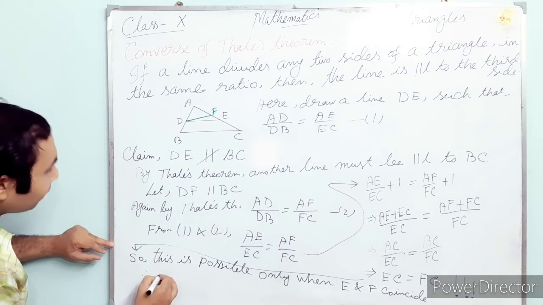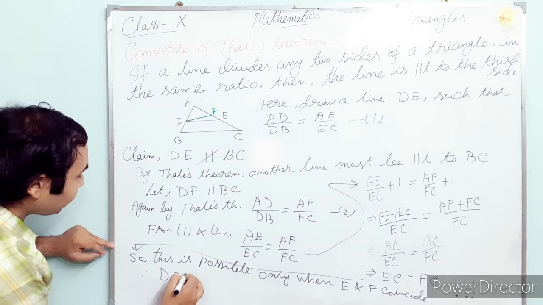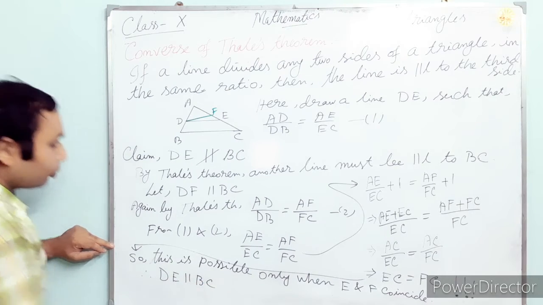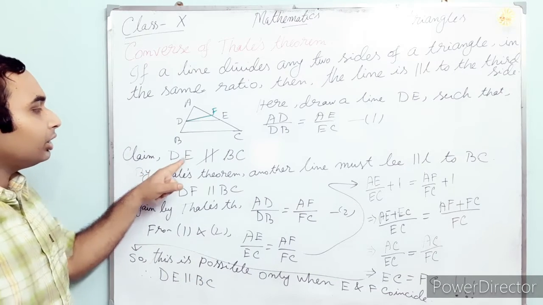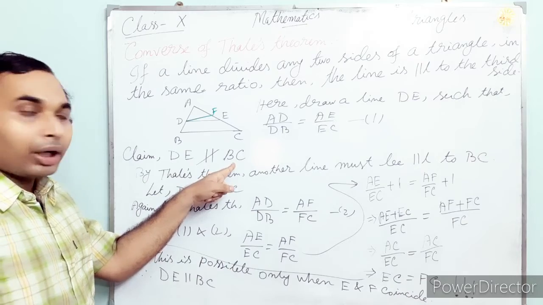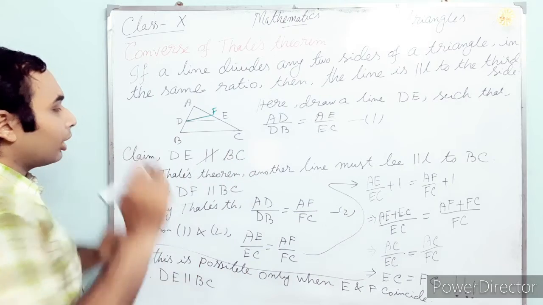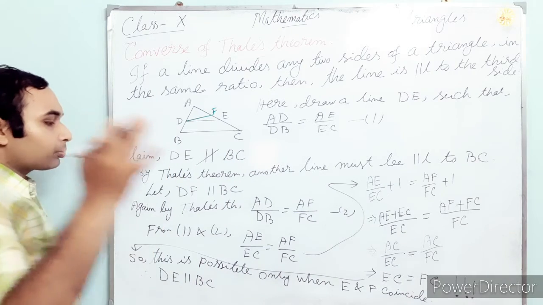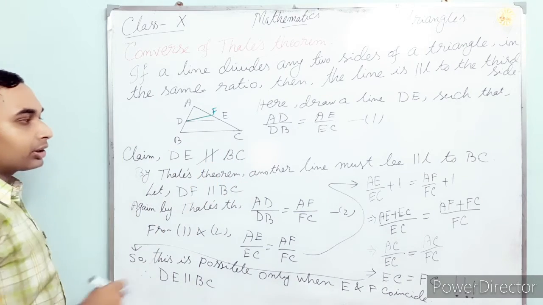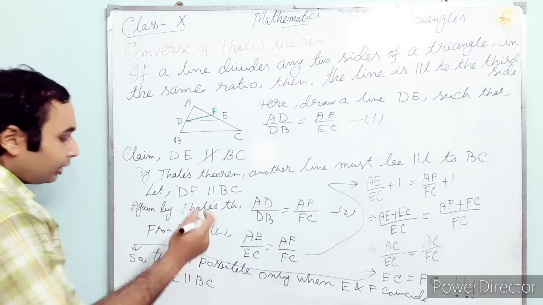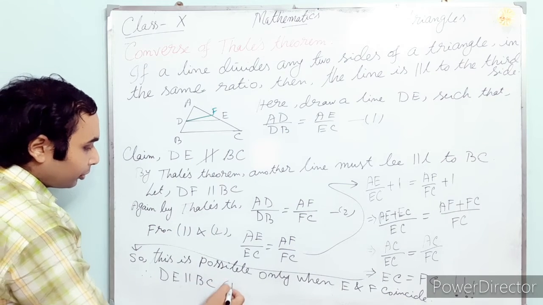So obviously DE is parallel to BC. We claimed at first that DE is not parallel to BC, but we got a result that does not support our claim. That proves we had taken a false claim. So obviously DE is parallel to BC. Proved.